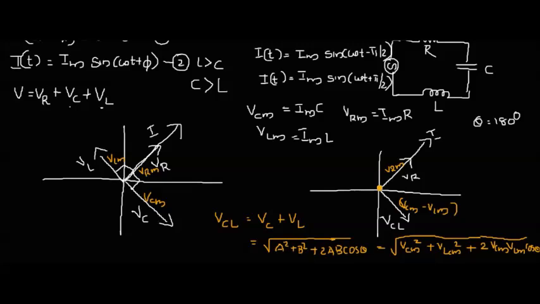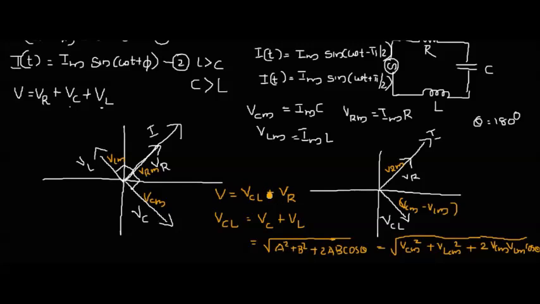Okay. So now this is the VR vector and this is the VCL vector. And we need an expression for total voltage. Now how to get the total voltage? Again adding the resultant with the remaining vector. So the total voltage V is the vector sum of the resultant plus the individual vector VR.